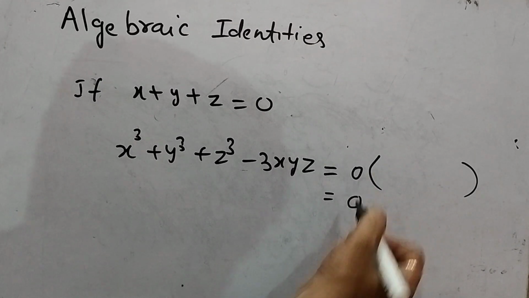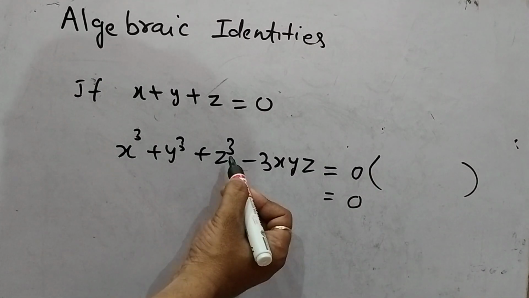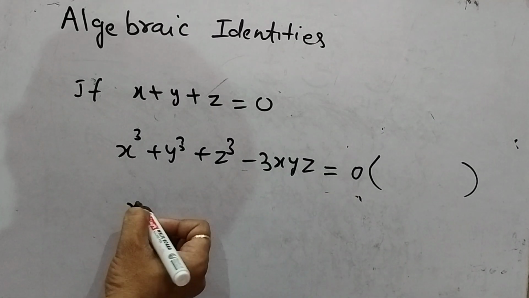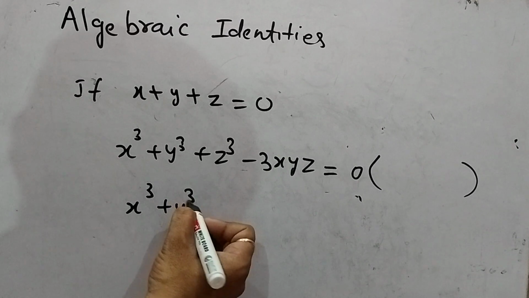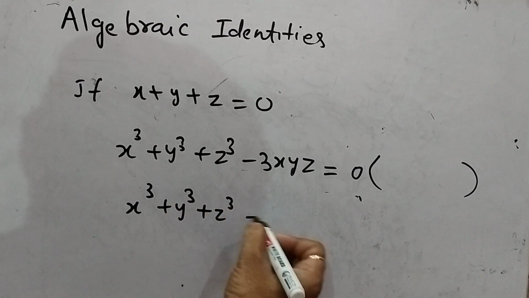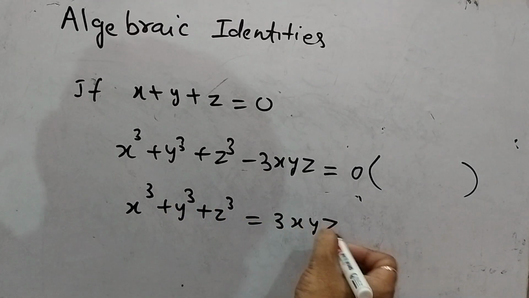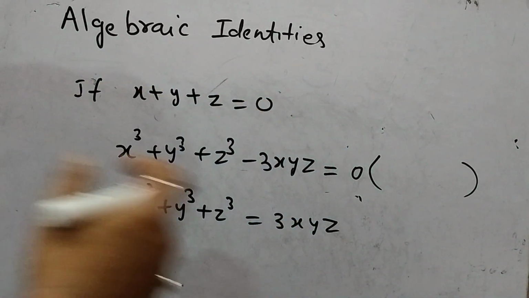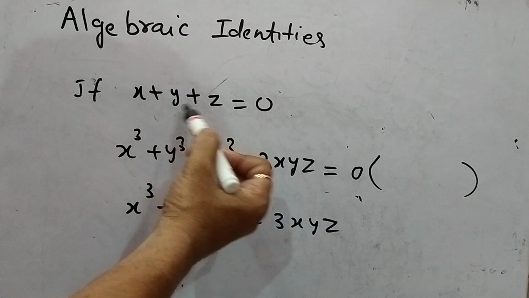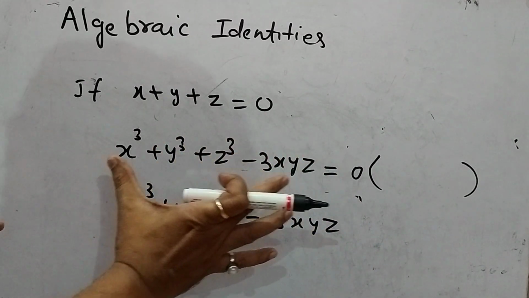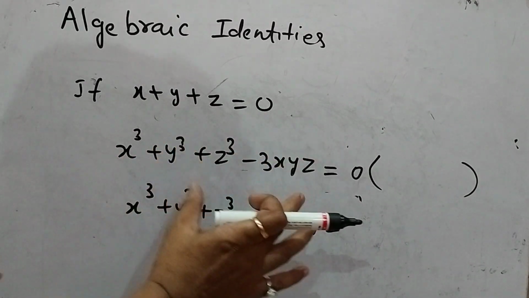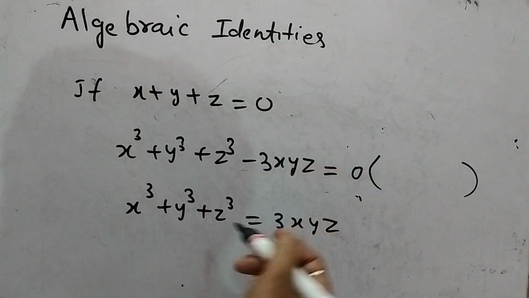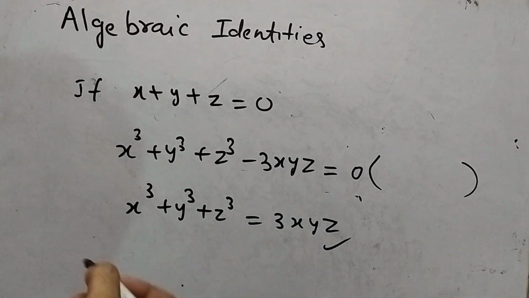So in this case we can say that x³ + y³ + z³ = 3xyz. Why? Because −3xyz will be transposed, and since the factorization of this algebraic expression has x + y + z as one of the factors, that's why we can write it like this.